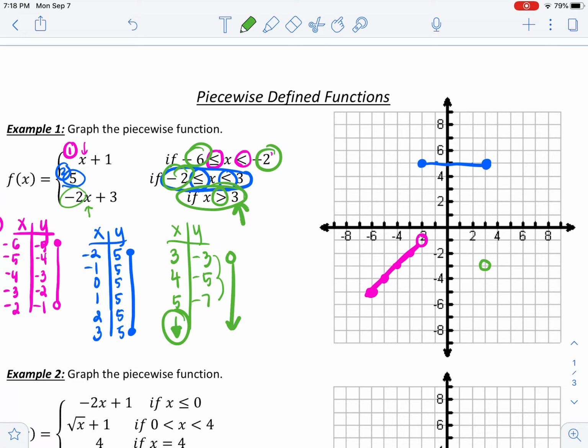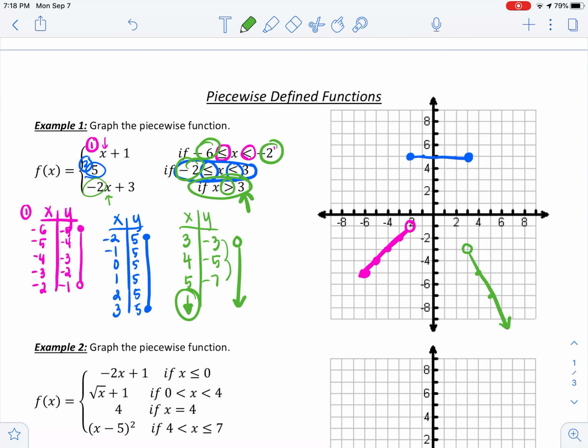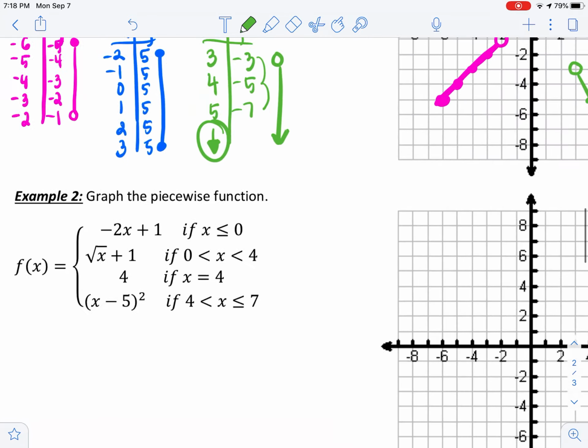All right, 4, negative 5, 5, negative 7. And it keeps going on forever and ever. But I'm just going to put an arrow on the end and stop plugging in values. All right, so that's how you graph a piecewise function made up of lines.